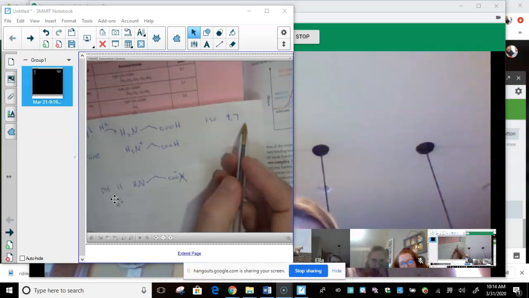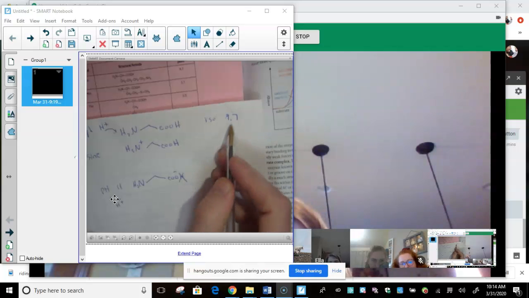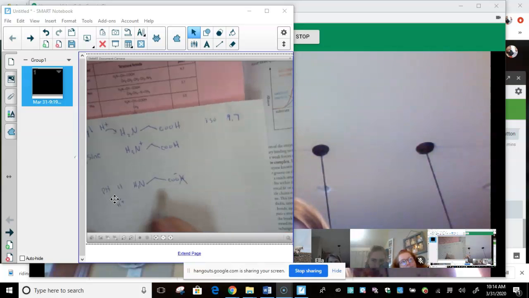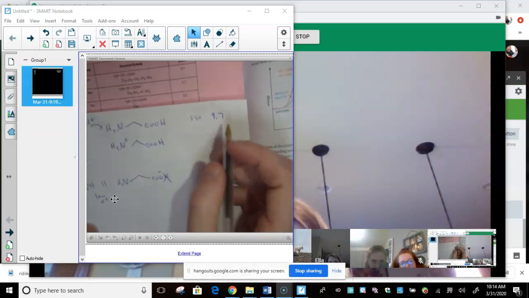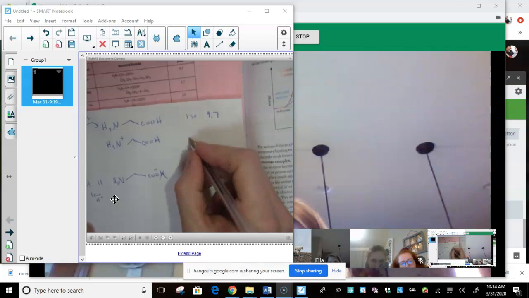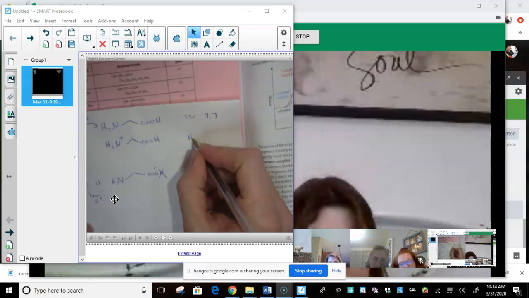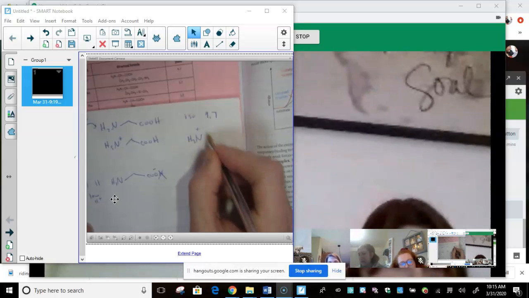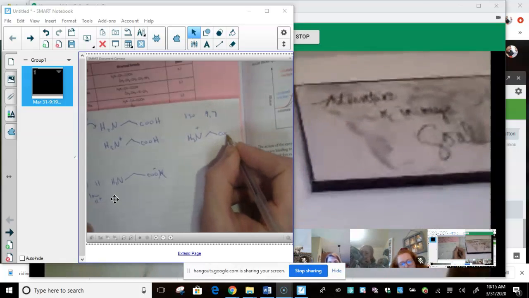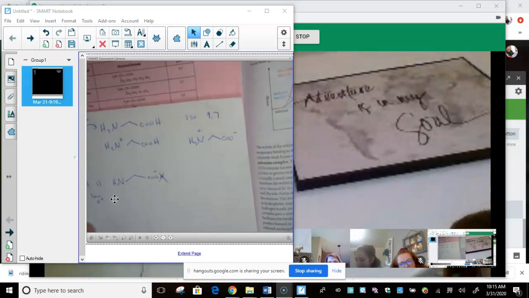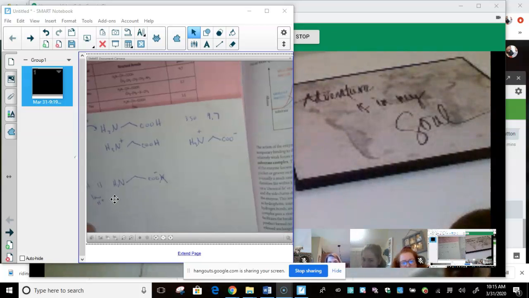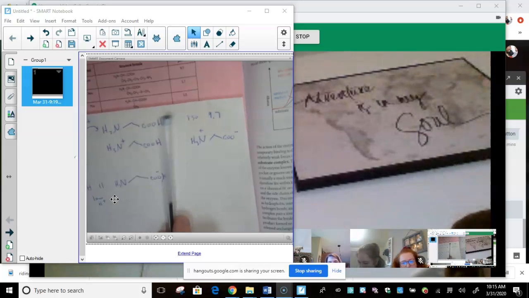So in a low H plus environment, or a pH greater than 9.7, you're going to create a negatively charged amino acid. And if it's at the isoelectric point, then it's going to be positive and negative, because it's kind of in the transition zone. That's pretty much it on that.